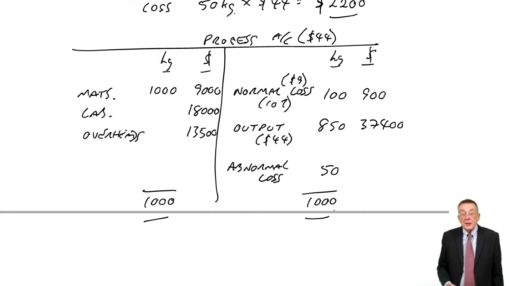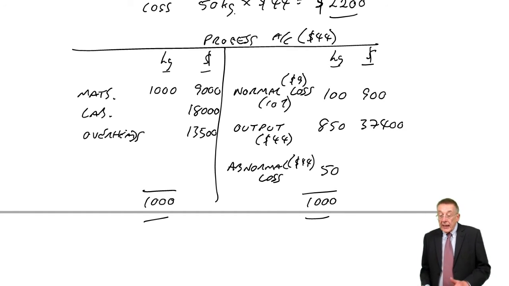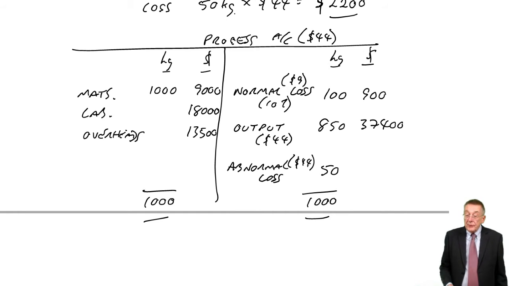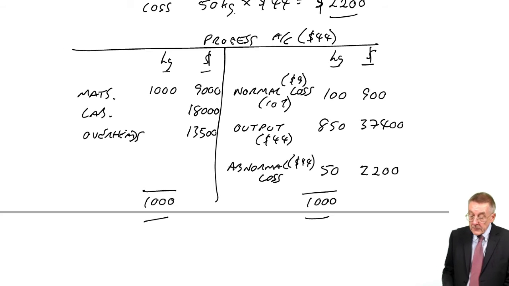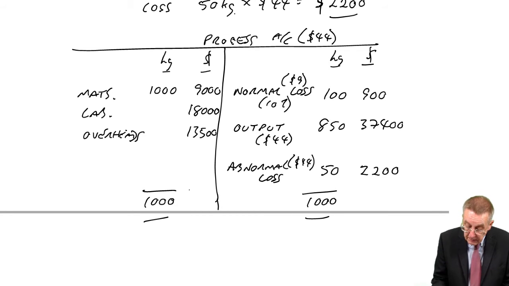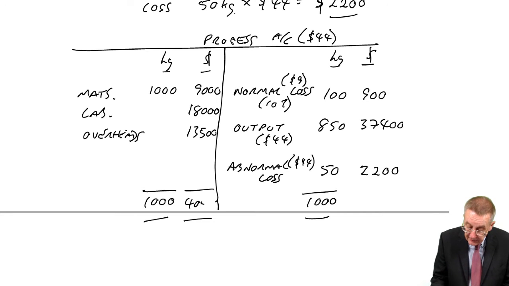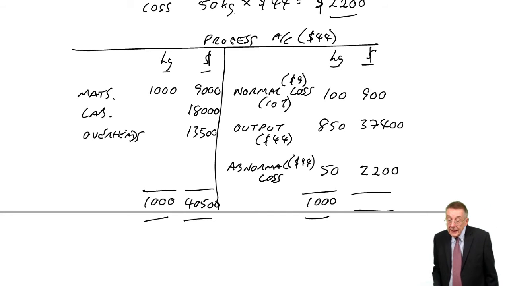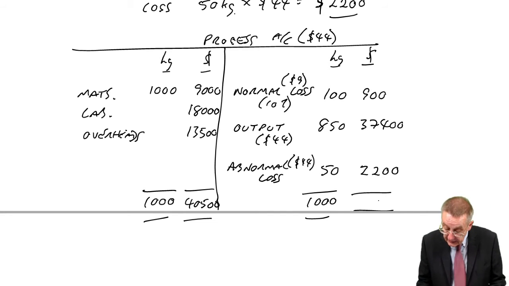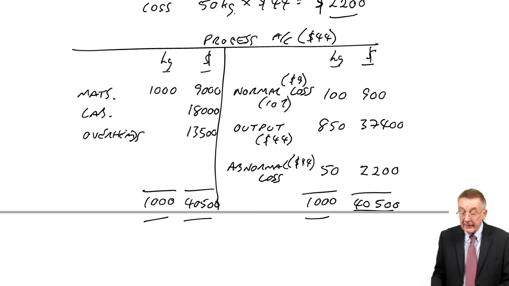And any abnormal loss we value at full cost per unit, again 44. I have done it up above: 50 units at 44 each is 2,200. Let's check it balances: 9, 27, 37, 40,500. And here, 9, 13, 15, 38, 40,500.